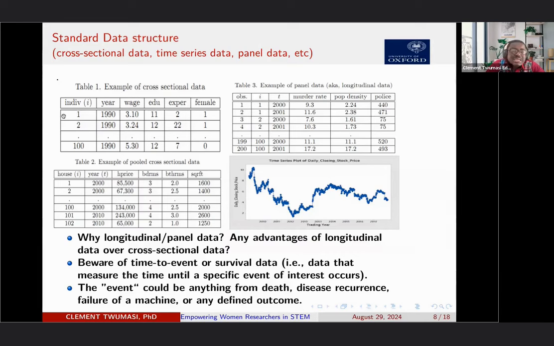Now, for cross-sectional data, each row of the data corresponds to a particular individual, and data is collected within a single time point. So it means that for this particular patient or individual, let's say individual one, we're collecting data on, let's say, their wages, educational status, or their gender. We are collecting this data in 1990.